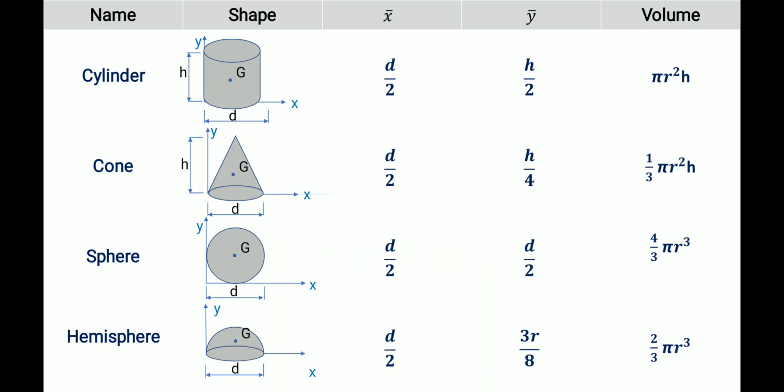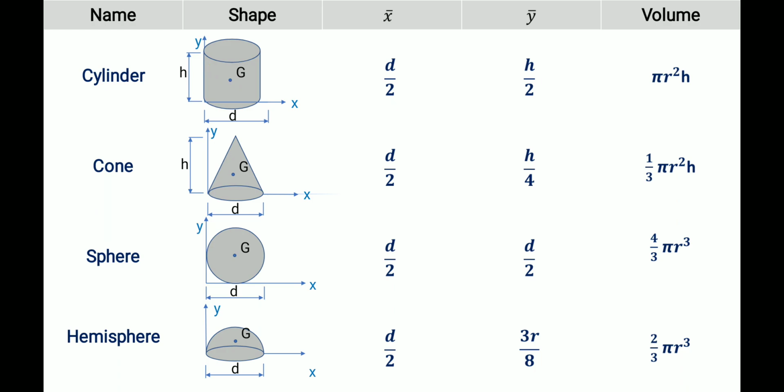So these are all the values of x bar and y bar for the simple solids. First, the cylinder. A cylinder is a three-dimensional object. This image is a pictorial view of the cylinder, and the base will be a circle, right?